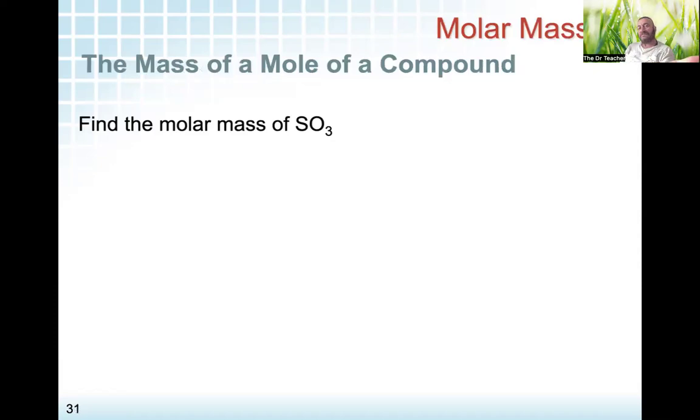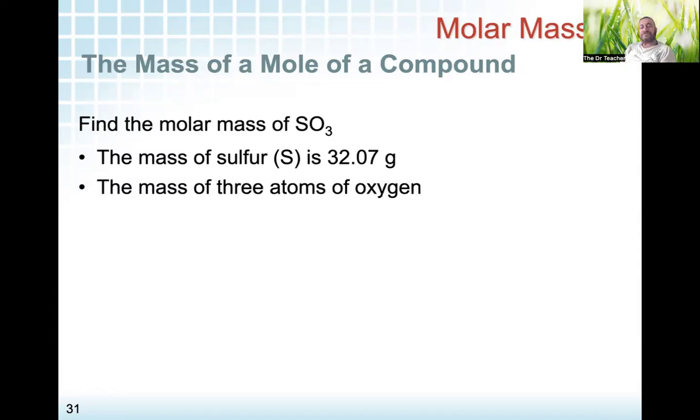Let's see. So how many elements do you have here? You have a sulfur, you have 3 oxygen. So the mass of sulfur is, from the periodic table, 32.07 gram. That's the mass or the weight of the sulfur. And for the oxygen, 3 atoms of oxygen, what do we have?